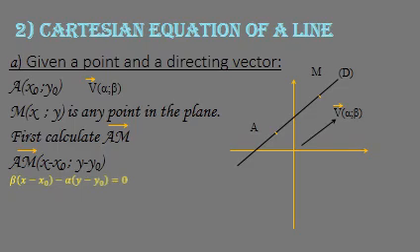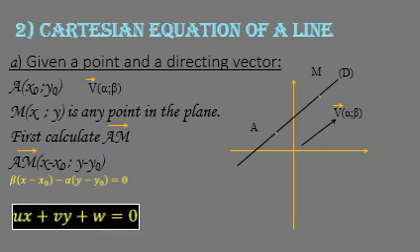So we apply the rule of collinearity that says x y prime minus x prime y equals 0. After doing this, you will see that this is the general form of the Cartesian equation, ux plus vy plus w equals 0, or ax plus by plus c equals 0.